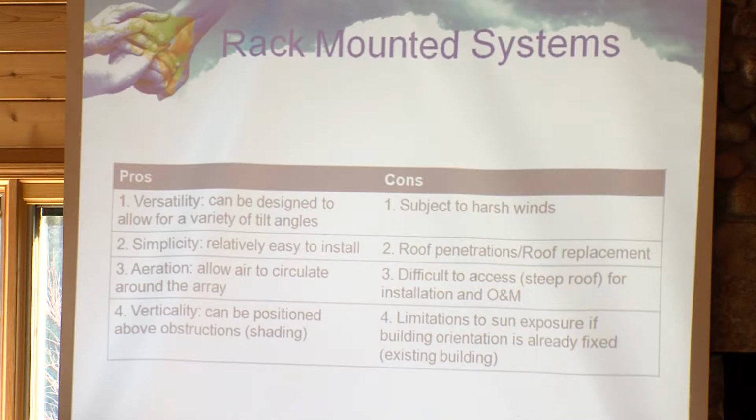And the limitations to sun exposure if the building orientation is already fixed. So, let's just say in this case, I didn't look at the roof, this part of the building, but my guess is that there's quite a bit of shading because of the existing trees. So this might not be the best location for a PV array, this particular side of the roof, but there probably is another part of the roof that is better.